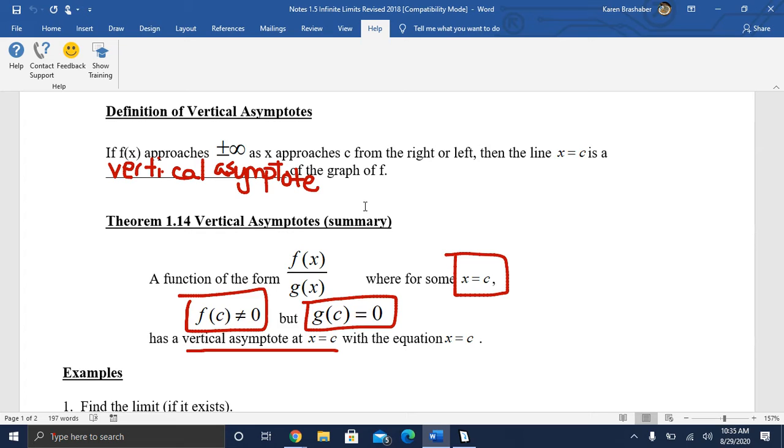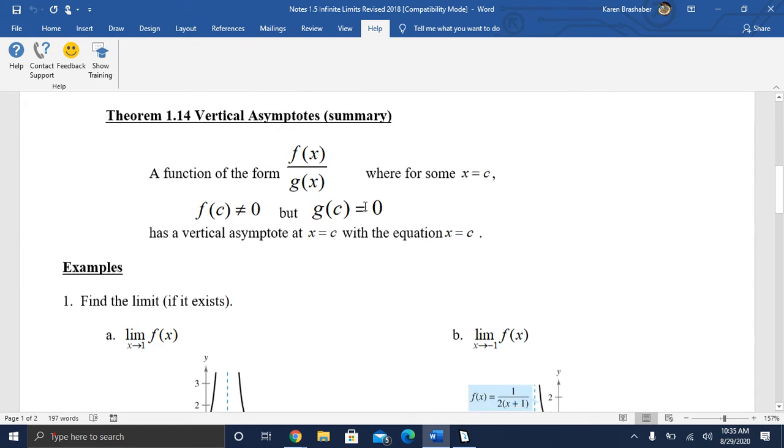So we'll look at a few examples of finding the limit with unbounded behavior, describing it as either positive infinity or negative infinity.